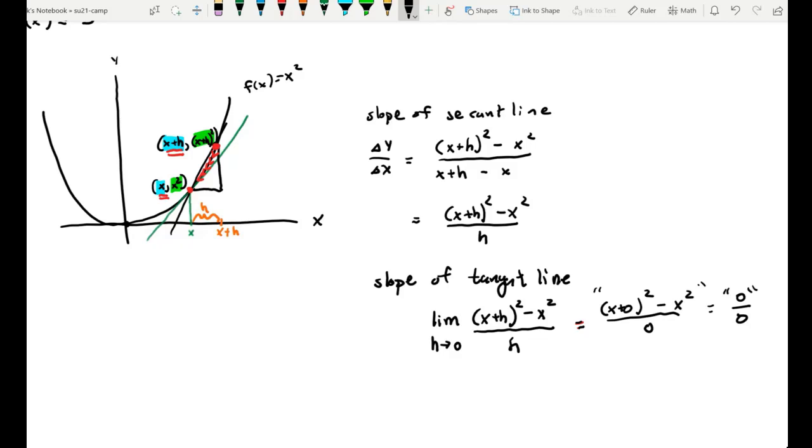So that's indeterminate. Okay, so what can we do? Well, we have to do some algebra. What comes naturally here is to just try to expand the numerator and see what happens, right? Now, when you define a derivative using the limit definition, that's kind of what you expect. You expect to get 0 divided by 0, right?